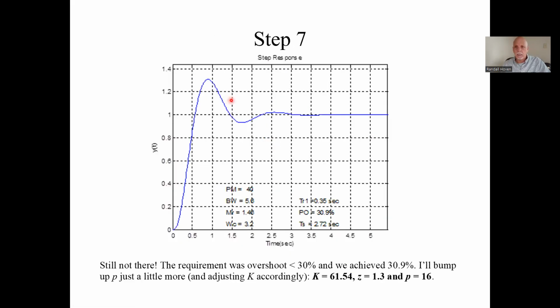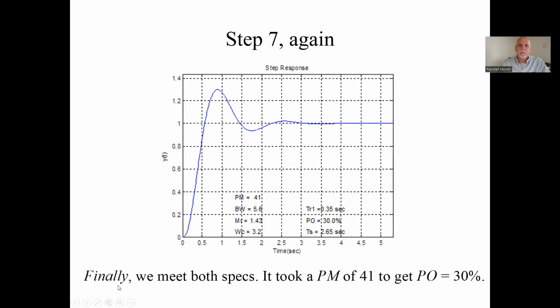Is that enough to actually meet our peak overshoot spec? No, we wanted 30 or under, and we're at 30.9. So we'll go one more time of iteration. I bumped up P a little bit more, which also gave us a bigger A. And we're finally meeting our spec.